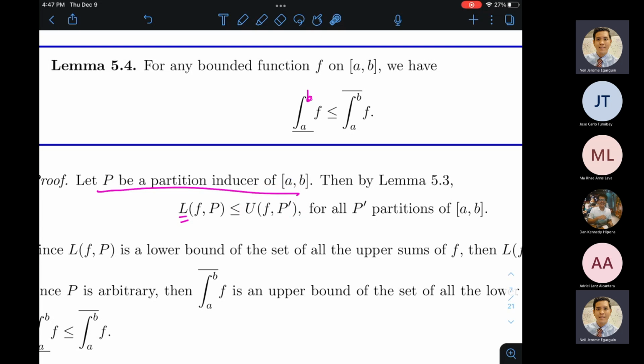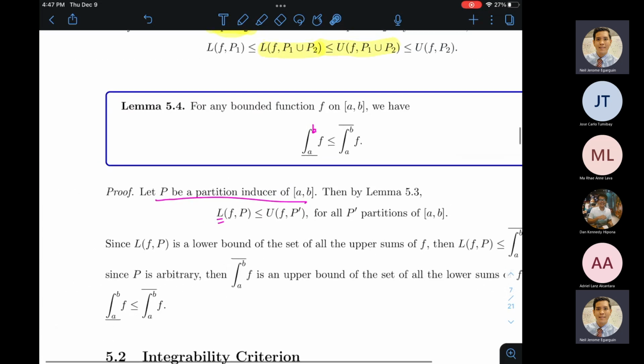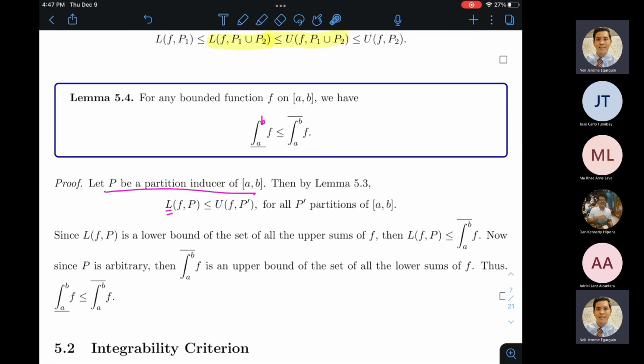All right? But what do we know about the upper Riemann integral? We know the upper Riemann integral to be the infimum ng mga upper Riemann sums. Okay? So siya yung infimum ng mga upper Riemann sums, so siya yung greatest lower bound. Pero si LFP ay isang lower bound.